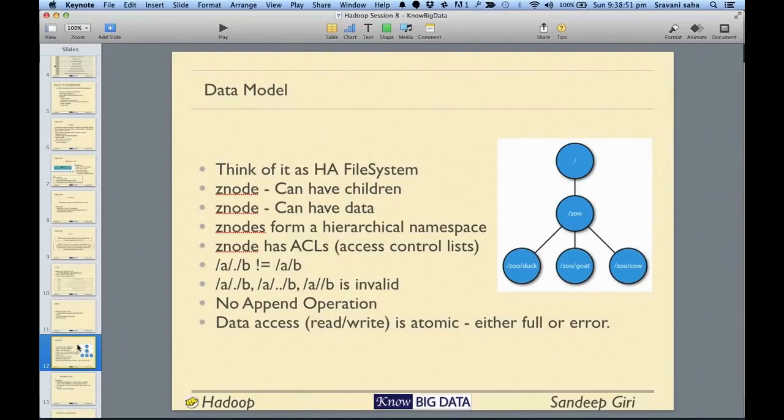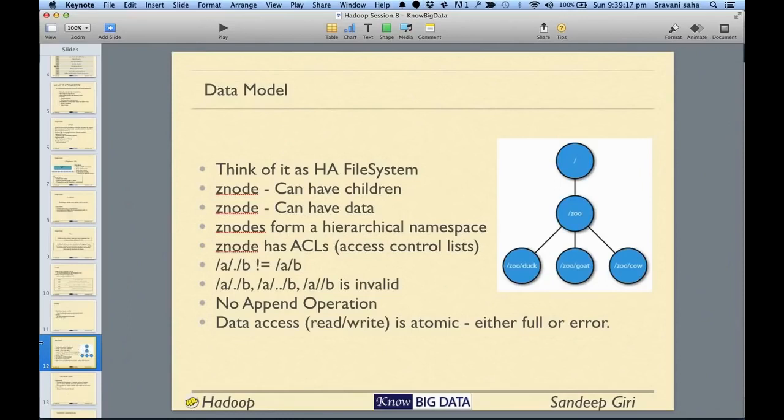Each node can have children nodes, and each node can also save data in it. Say slash has children, and slash can also have data. That is the difference between a file system and any other tree.